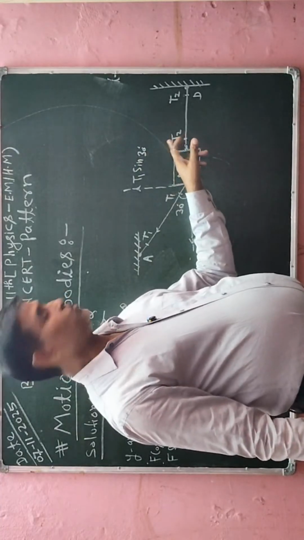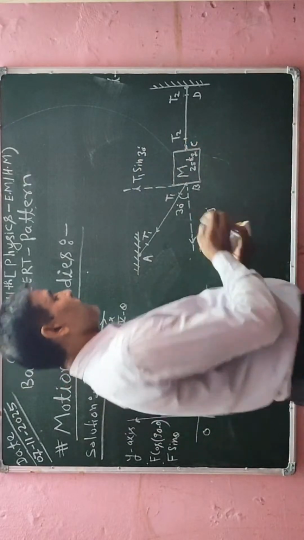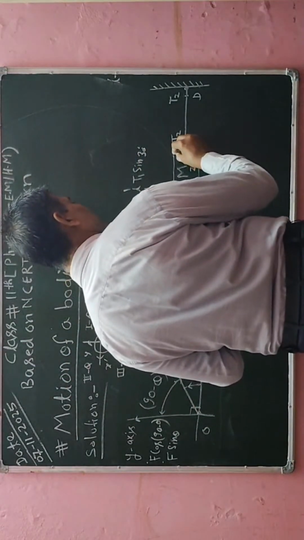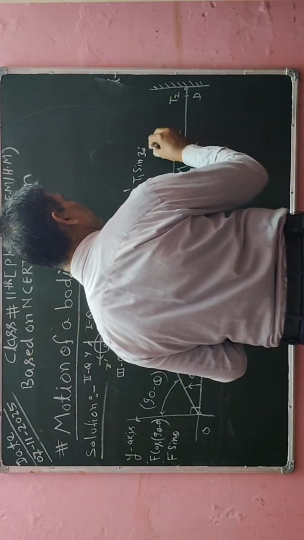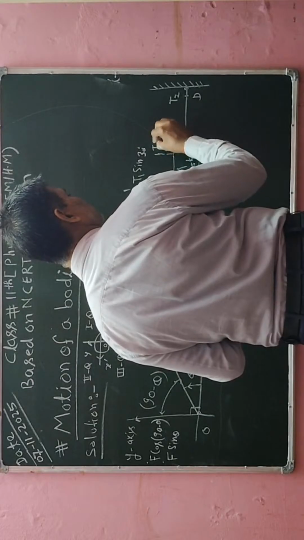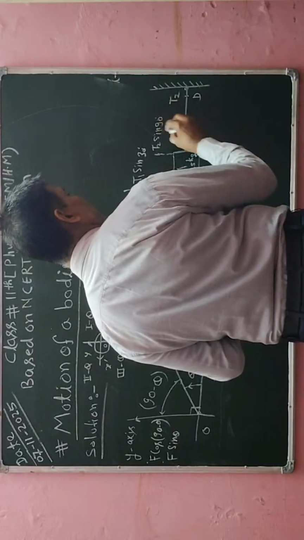Sin 0 degree is 0. It means the value along y-axis, I can say that along the y-axis the force will be 0.